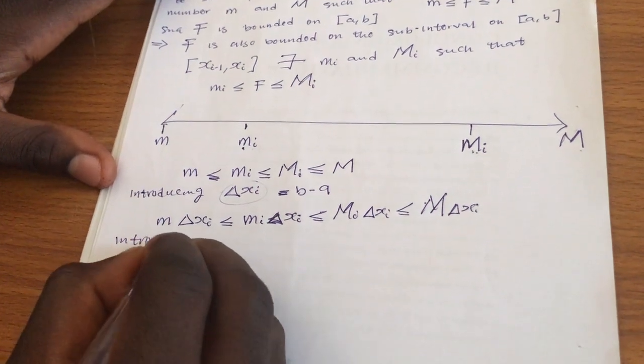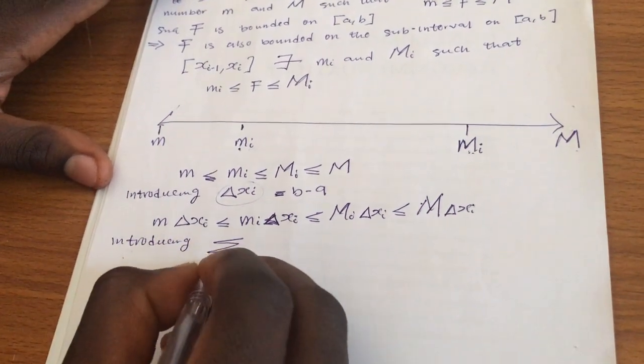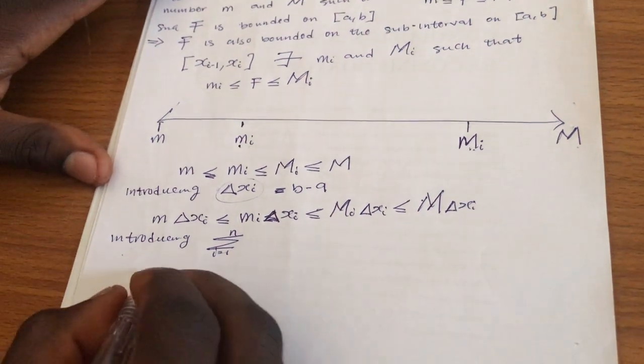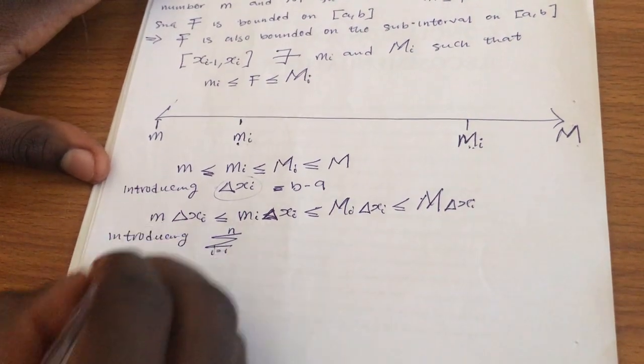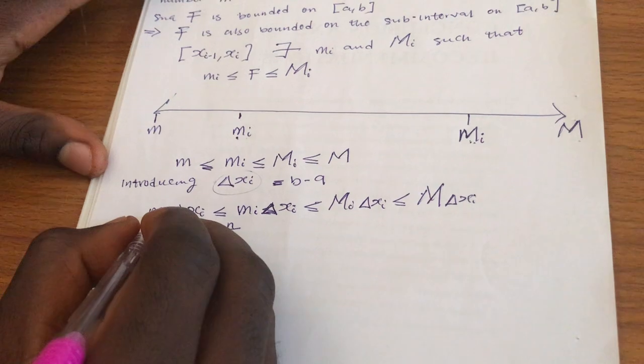Now, introducing the sum, i equals 1 to n. I can bring this m outside since there is no i here.